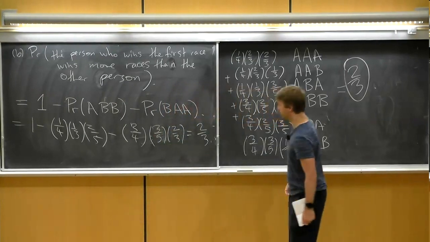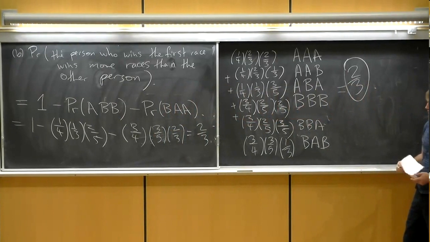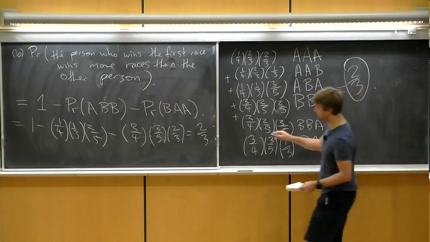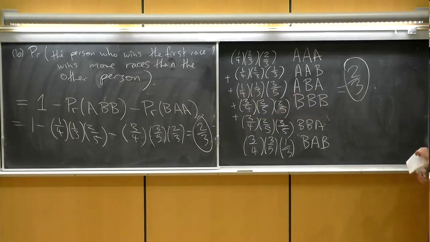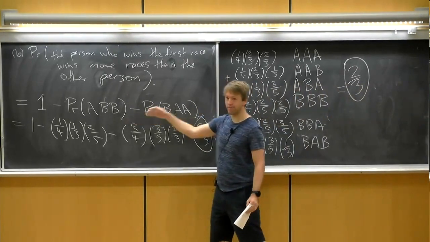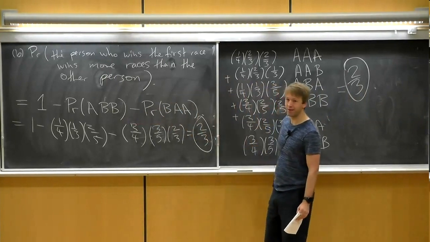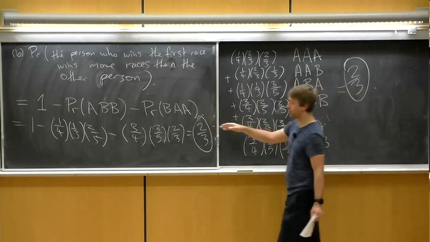And if you do the calculation, I'm pretty sure you get 2/3. Okay. So is it clear why this is computing the same thing as that one? We take the whole 100% probability and subtract the ones we don't want to count.